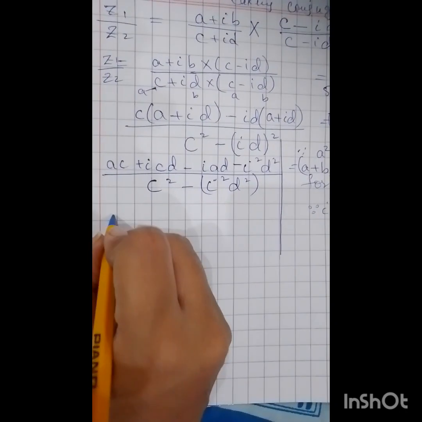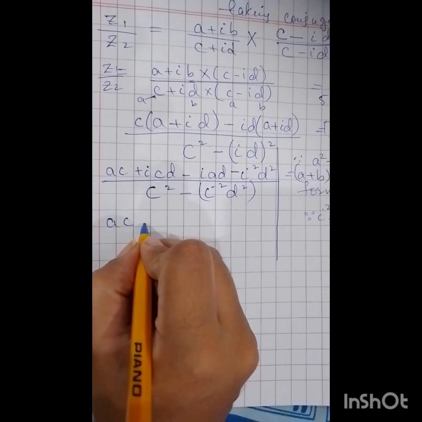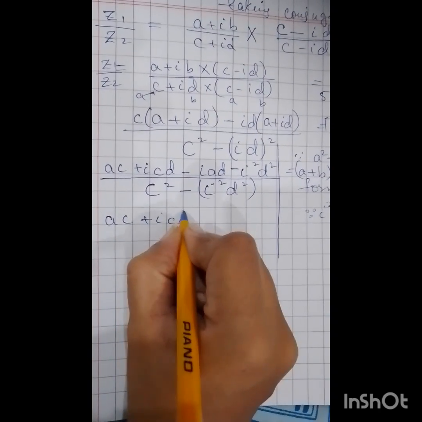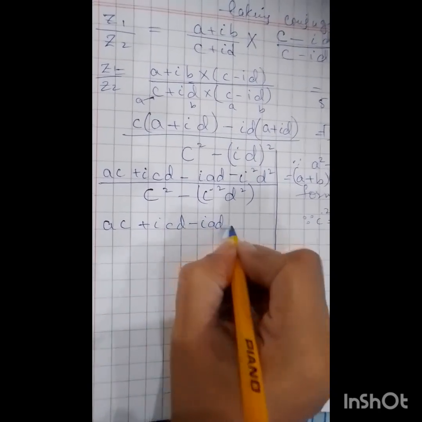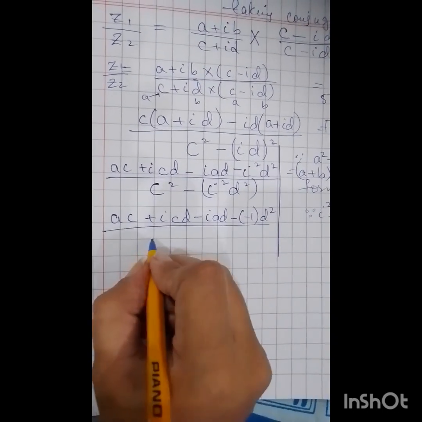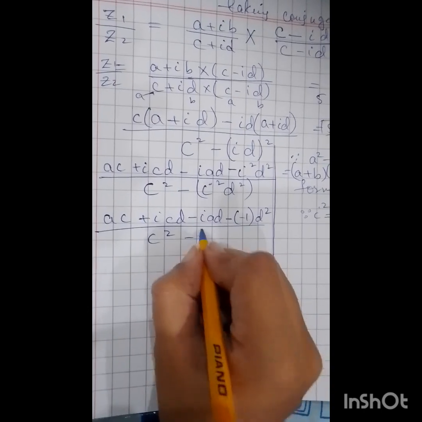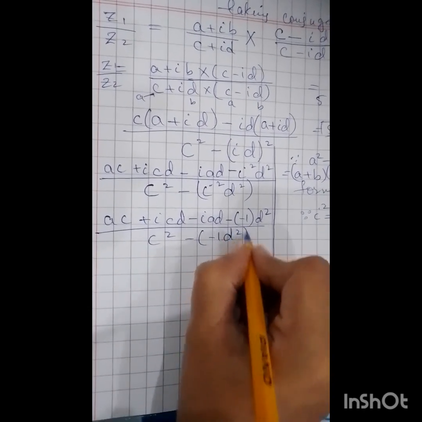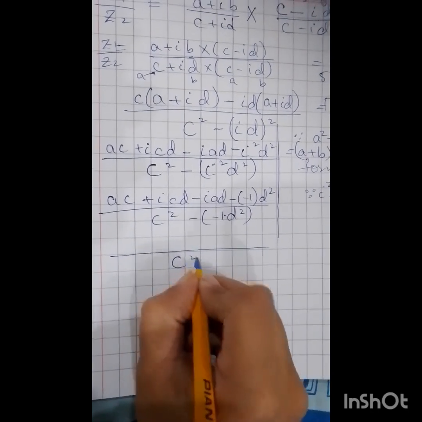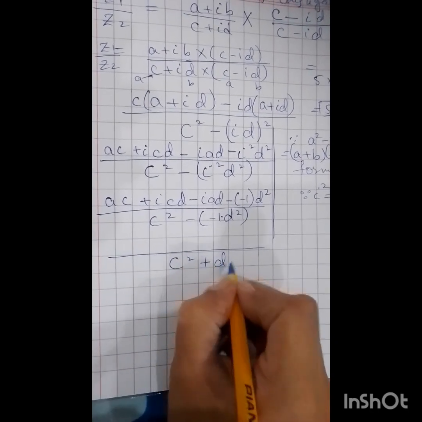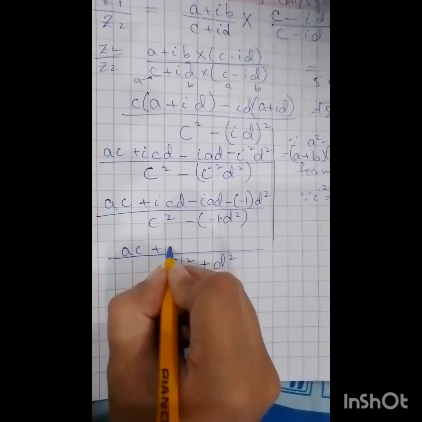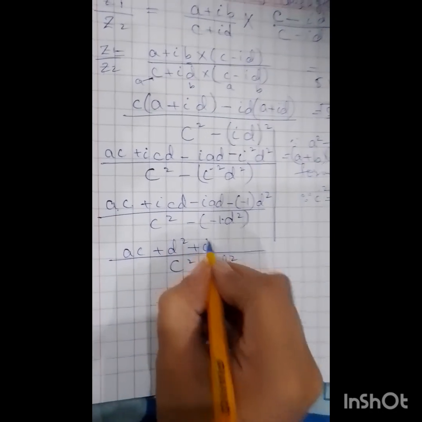Putting the value of iota square, we'll get c square minus of minus 1 d square. Now minus and minus will be plus on either side. So it is getting simpler and simpler with all the steps.